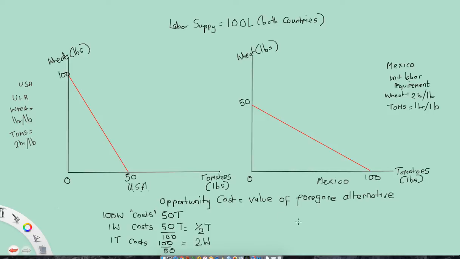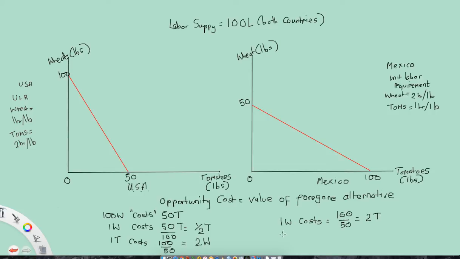And then we can perform that same operation in Mexico. So if I wanted to produce 1 pound of wheat, 1 wheat costs us 100 over 50, which is 2 pounds of tomatoes.